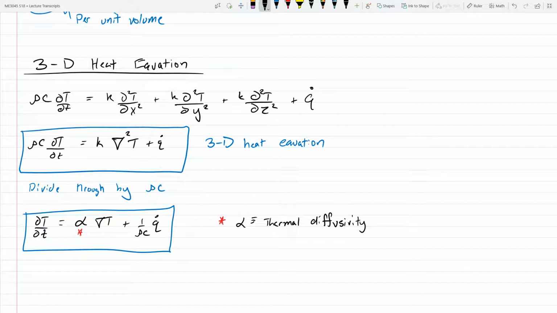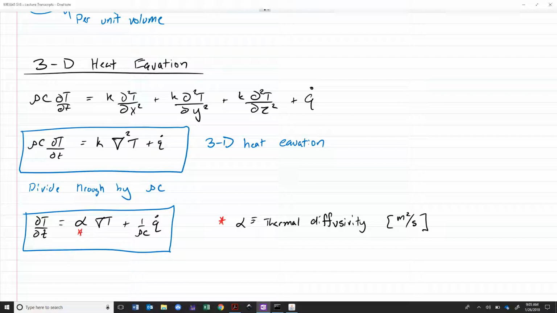Spelled it right? Yes. Which has units of meters squared per second. So this is another common property that you'll see for materials. The reason for expressing this equivalent version is just if you have a table of thermal diffusivities, instead of a table that lists each of these quantities independently, it's just another option for how you inject your material properties into the mathematical problem.